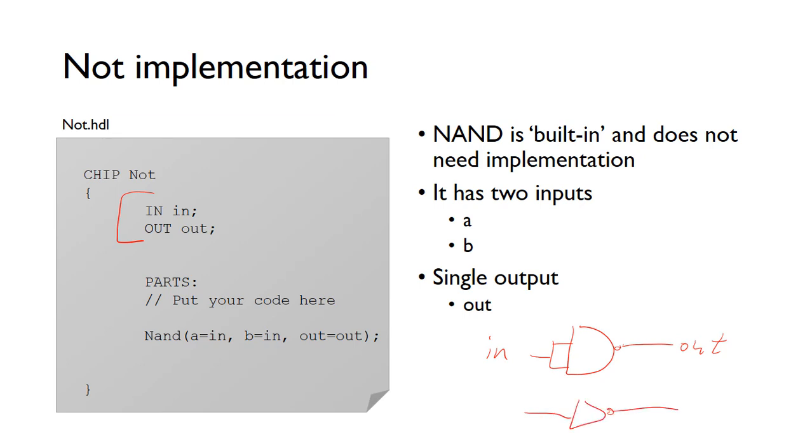And the parts then, we know it's made up of a NAND gate. If this is A and B of the NAND and then out, we essentially just connect these up. The A input of the NAND gate is connected to in, which you can see here. B is also connected to in, and then out is just connected to out.